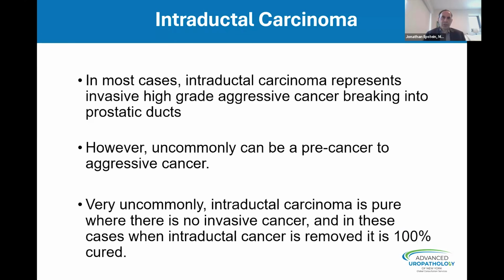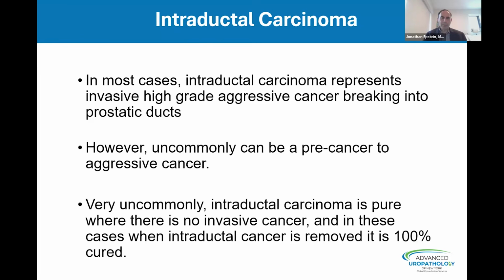Now, I'm going to introduce another term, which is very important and is more aggressive than, for example, perineural invasion. That's intraductal cancer. First of all, let me just explain what a duct is in the prostate. One way to think of the benign, non-cancer prostate is as a bunch of hollow pipes that have a bunch of branching all over the place.